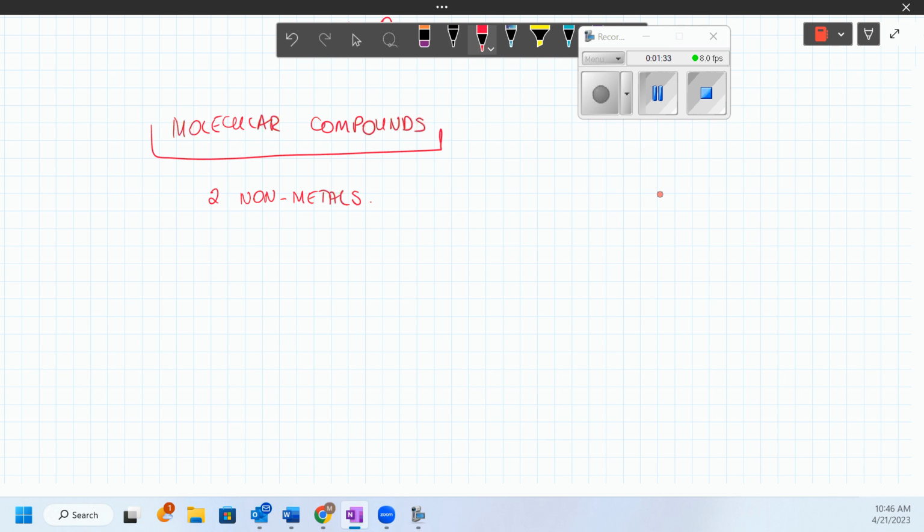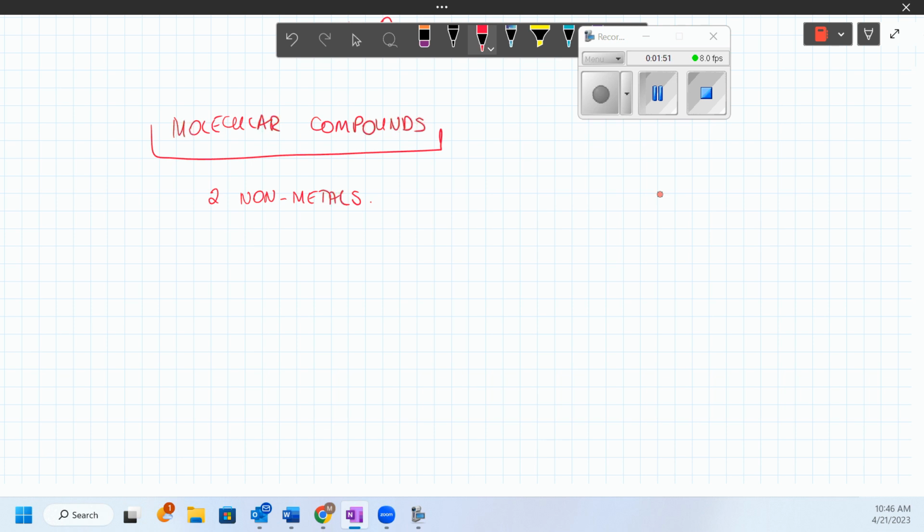A very important thing with molecular compounds is that there is not a specific order as to what the chemical formula is.